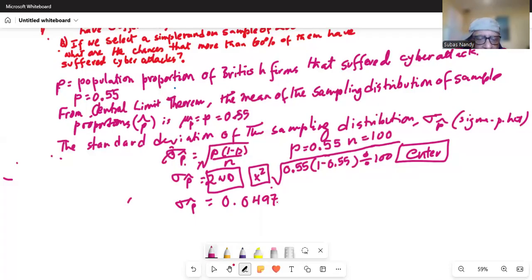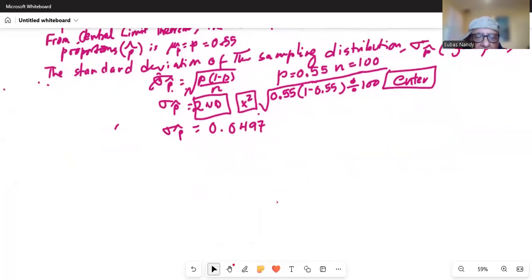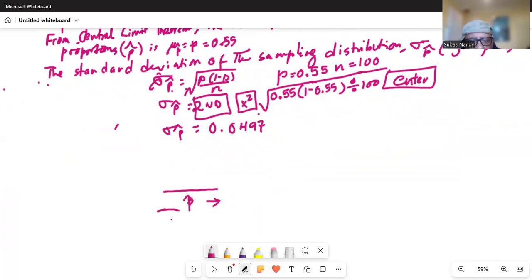Now let me quickly draw a sampling distribution of p hat, a curve, so you'll see the picture. I'll draw the horizontal axis, where I'm plotting the sample proportions, p hat.